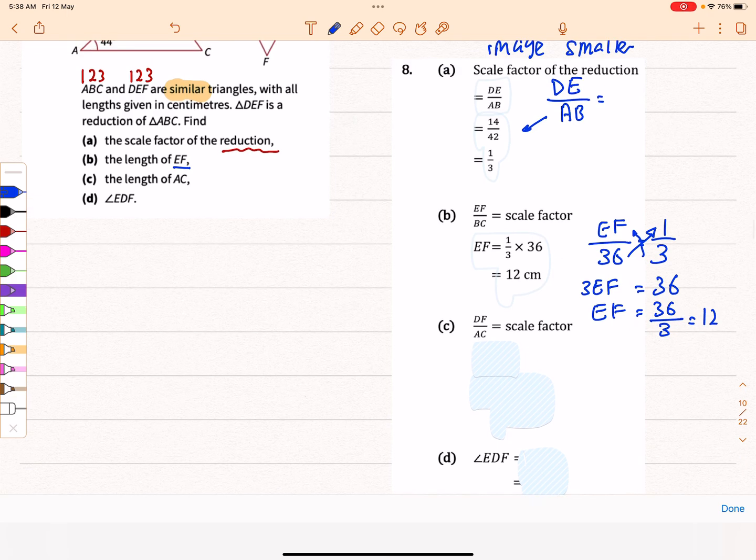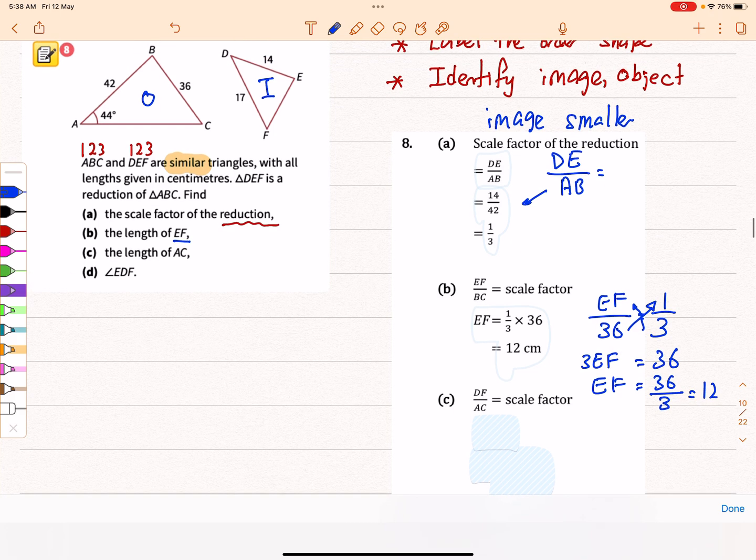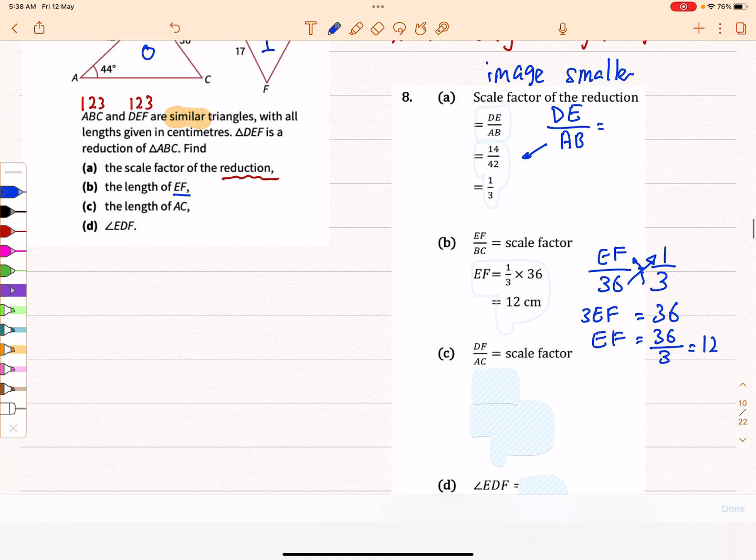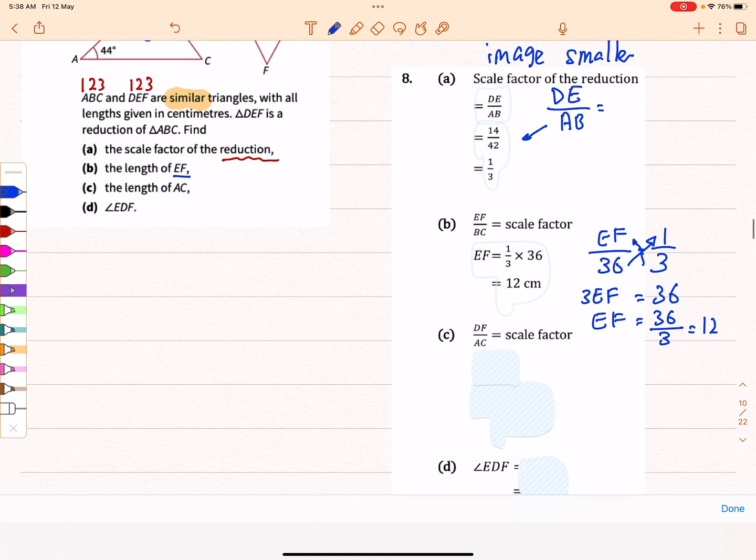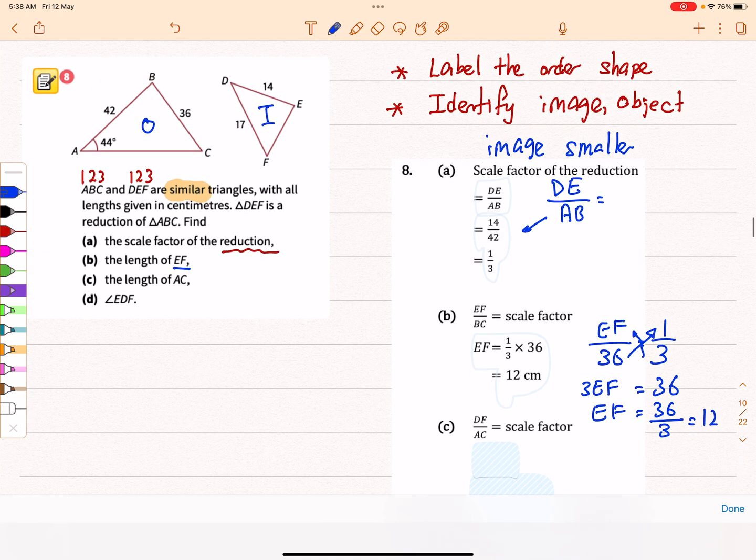So again, AC, I will want to use the scale factor. Since I already have the scale factor, what I do is I will first write down the scale factor and write down the AC. So AC, if I were to compare A and C, is 1 and 3, so it must correspond to D and F. And that is why it is DF over AC.